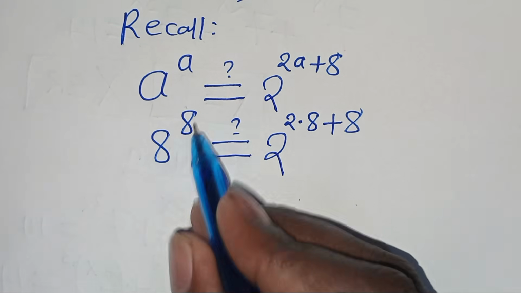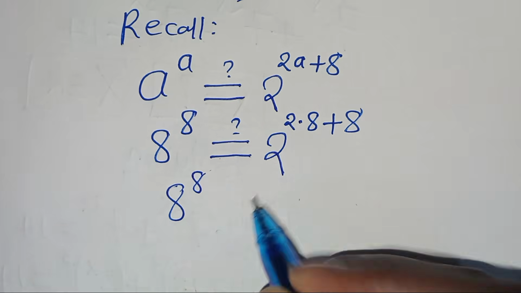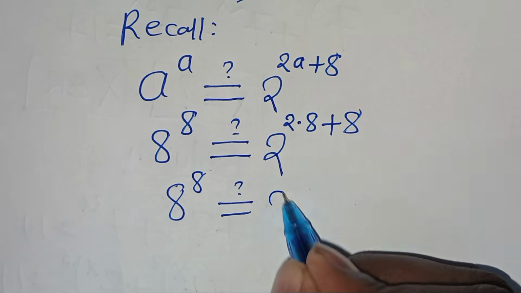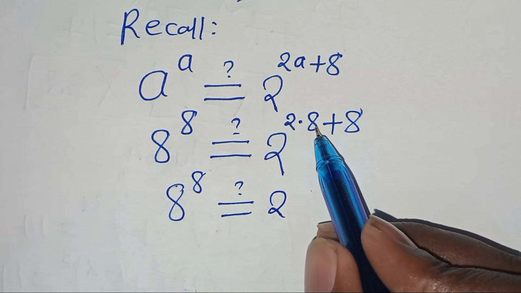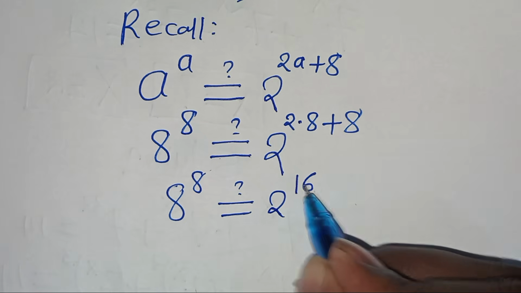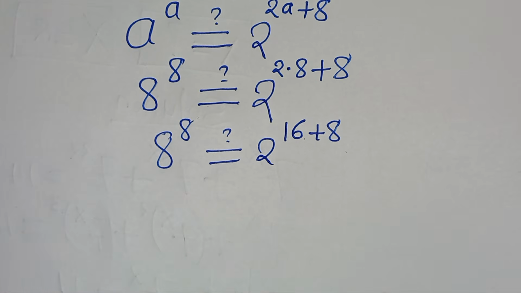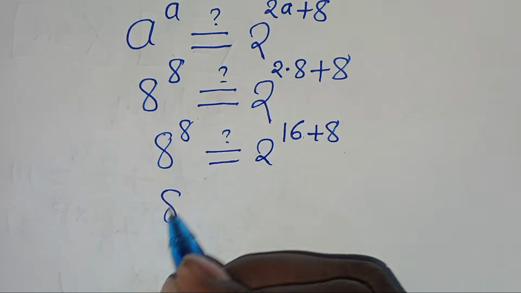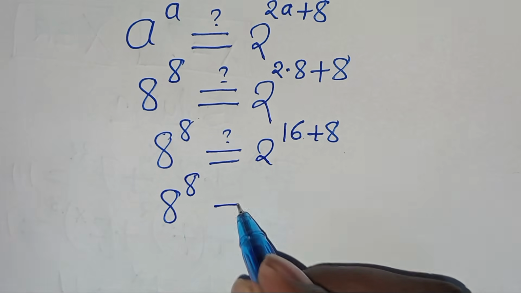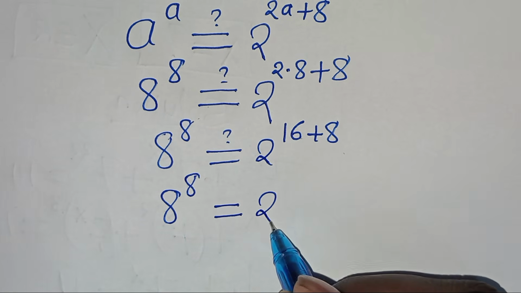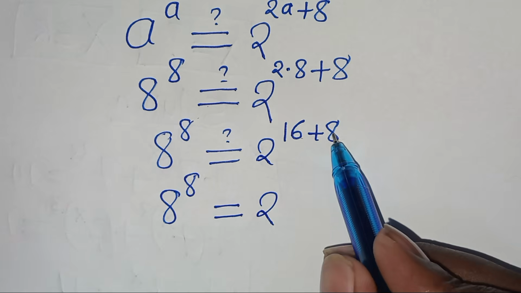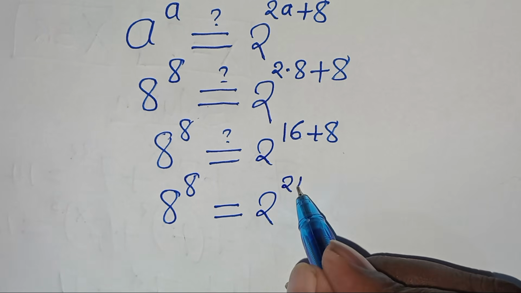So 2 times 8 is 16 plus 8, which means 8 raised to the power of 8 is equal to 2 raised to the power of 24.